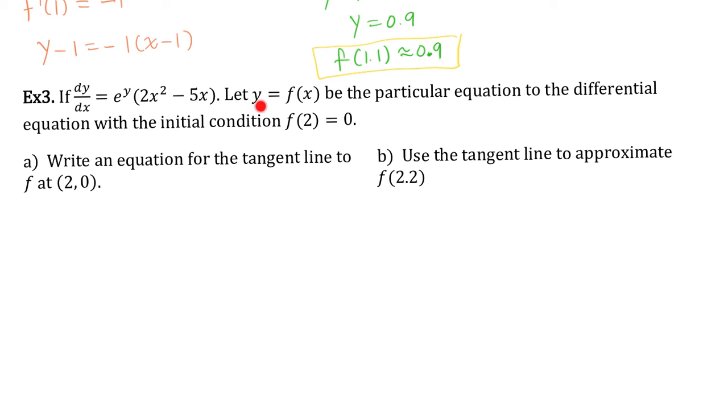Now they tell me to let y equals f of x be the particular solution to the differential equation. They just want me to know that originally there was a function f of x. When I took the derivative of f of x, that was the same as dy/dx, and then I got this. So this is the derivative of f of x. And for that same initial function, f of 2 equals 0. So they're just telling me this is the derivative for what was the function f of x.